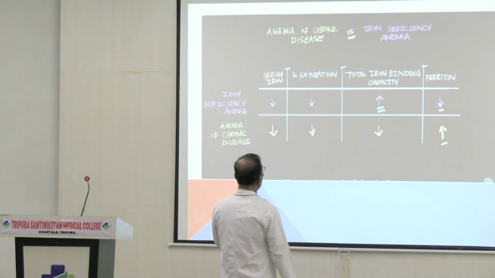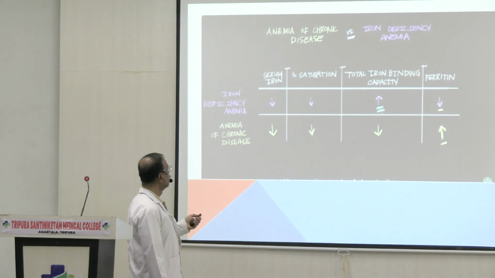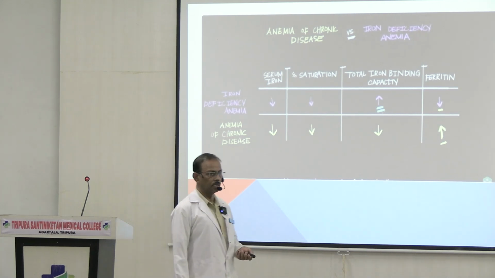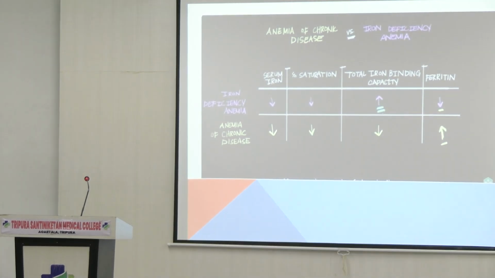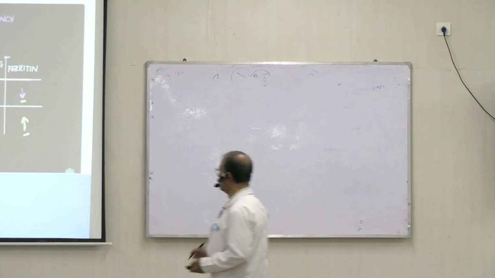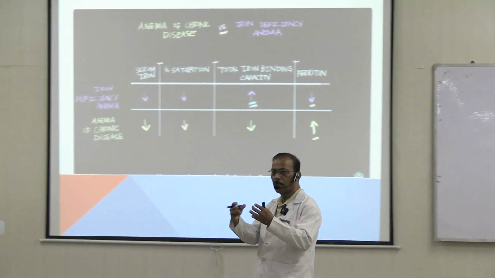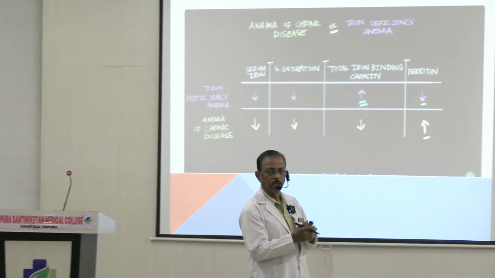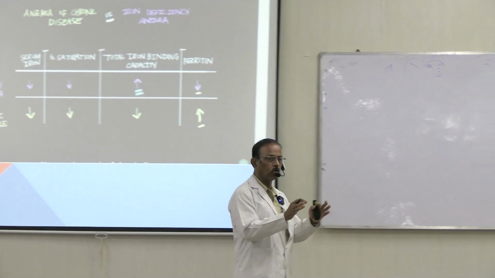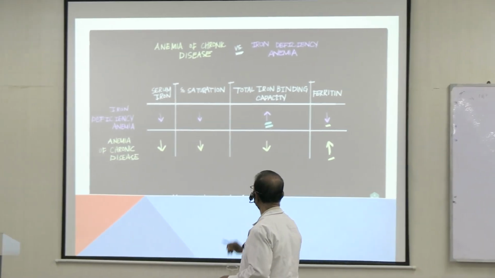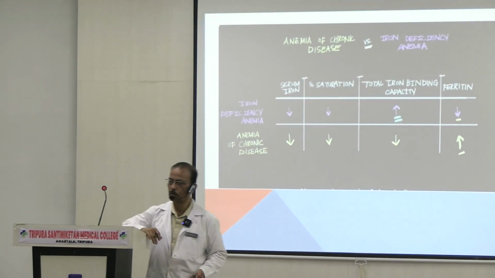Total iron binding capacity increases in iron deficiency, but in chronic disease it decreases, because apotransferrin is also synthesized less due to the inflammatory state. That is why the available apotransferrin is almost fully bound, so the binding capacity goes down.